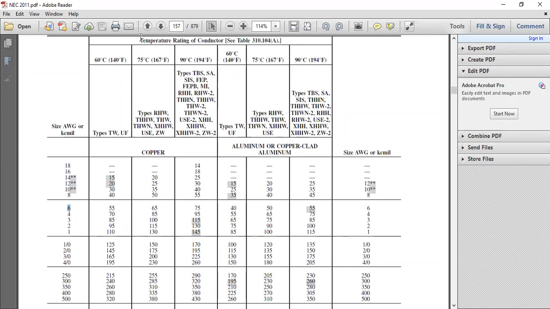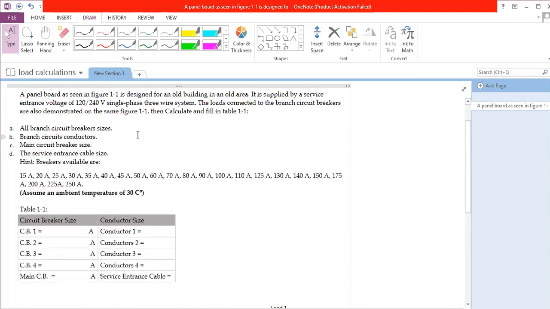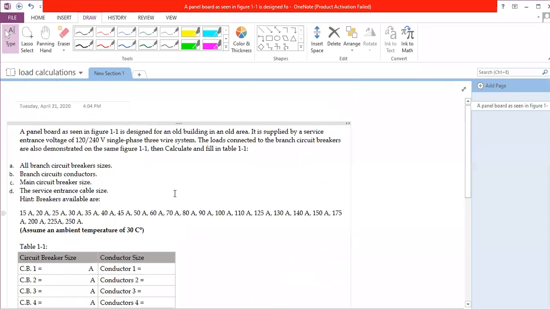So I will go back here to my question and write 6 AWG. By the way, is it a continuous load or not? It is not mentioned here.